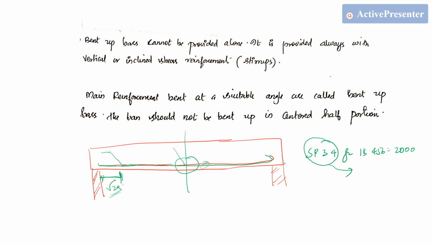There are drawings and detailing of the RC elements. There you are provided with the distance for your first bender, and then the next. If you are bending two bars, then what is the distance for your next bender? Such things are detailed in SP34 for your IS 456 2000.